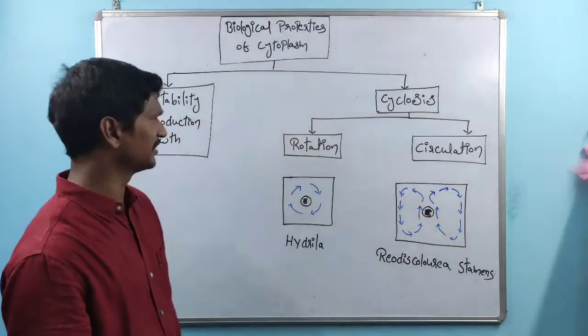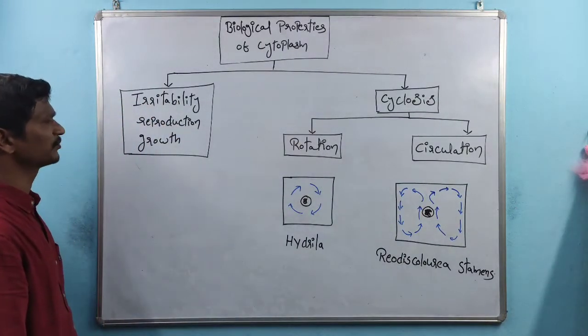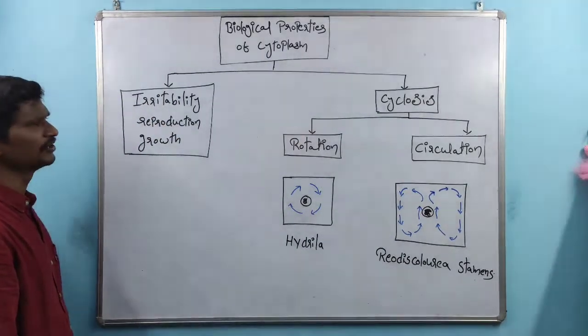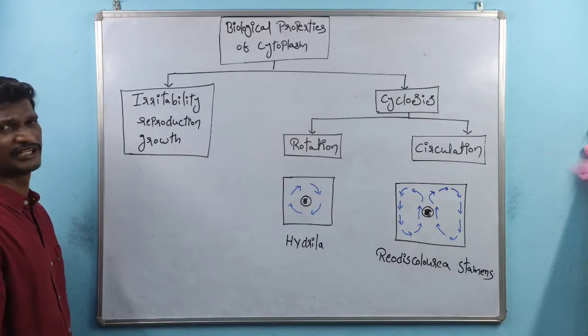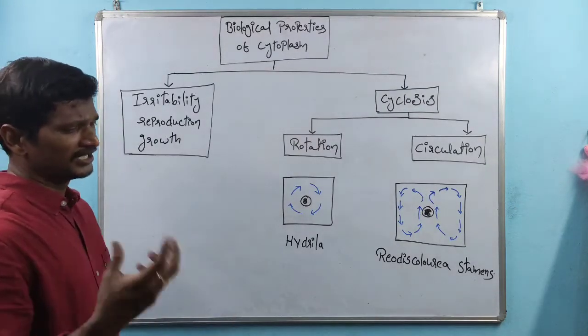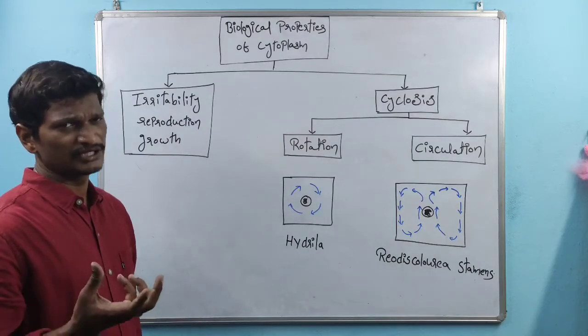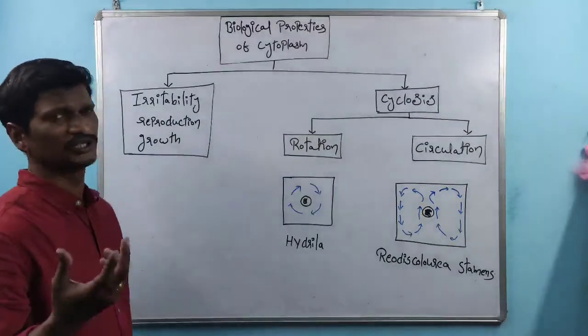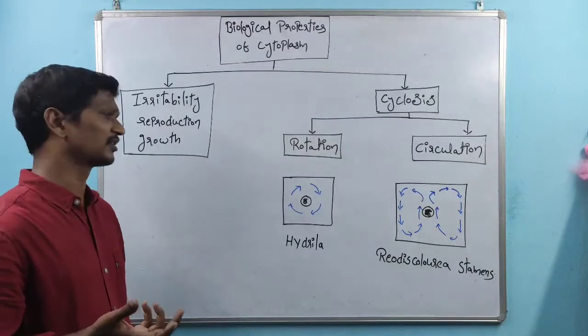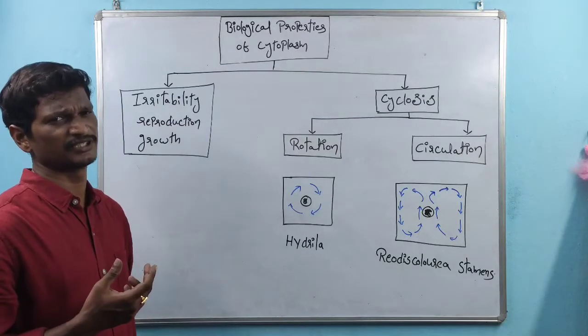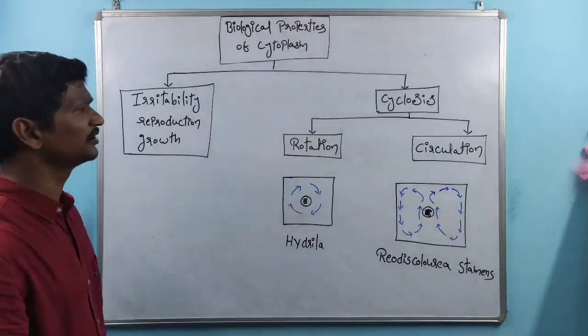So these are the very common biological functions: irritability, where any organism responds to the surroundings; reproduction, the production of offspring; and growth, the increase in height of the organism, right?